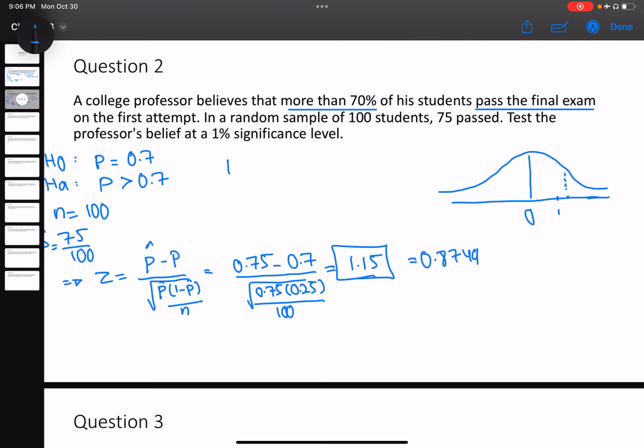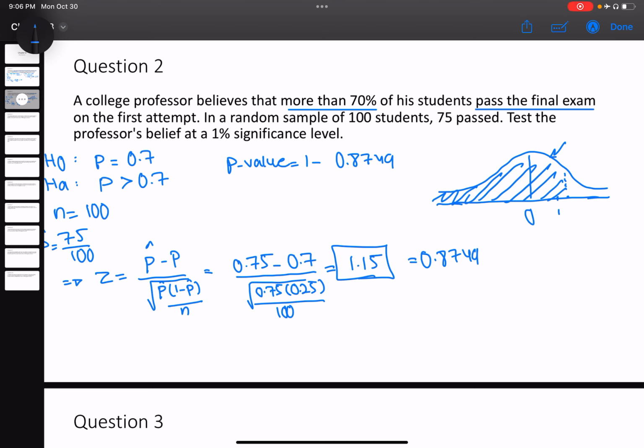So to get the p-value, we need to get this area that we just calculated, that we just got the probability from the table, 0.8749.